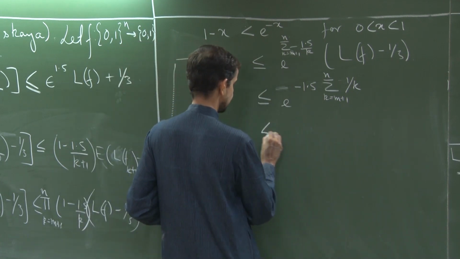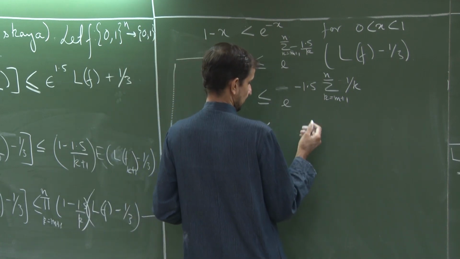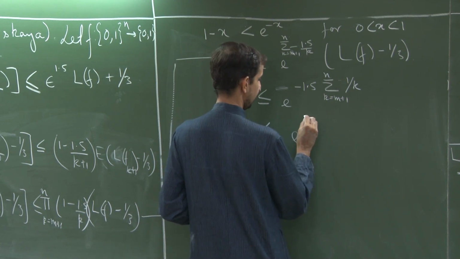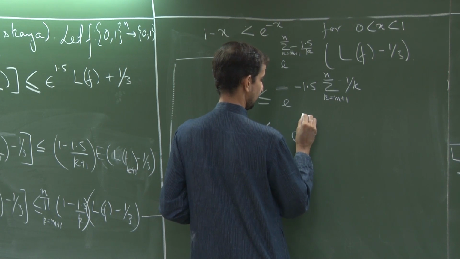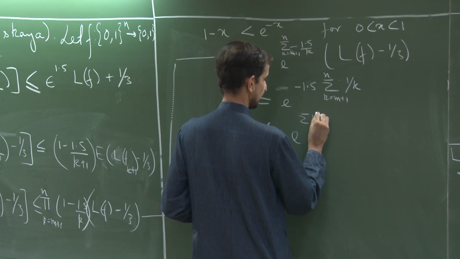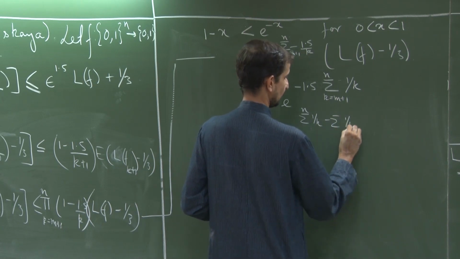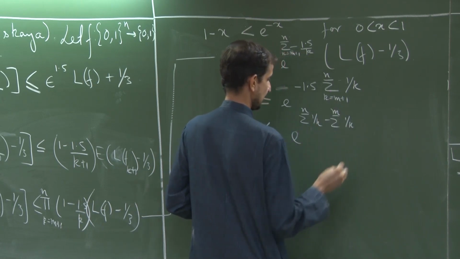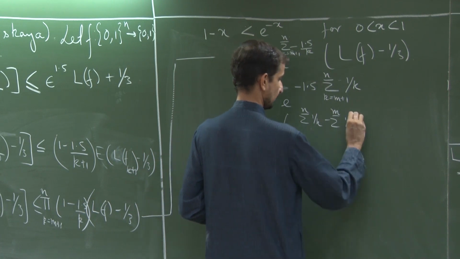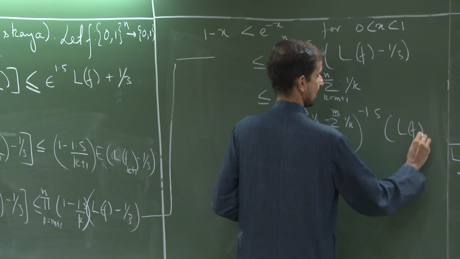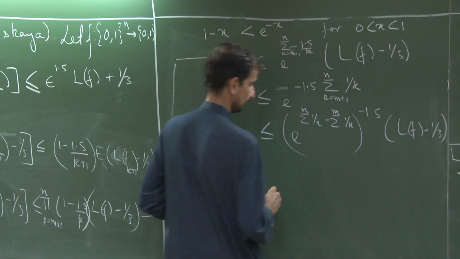So I will just use the inequality: e to the power sigma 1 over k going up to n minus sigma 1 over k going up to m, whole to the power minus 1.5, times L of f minus 1/3.